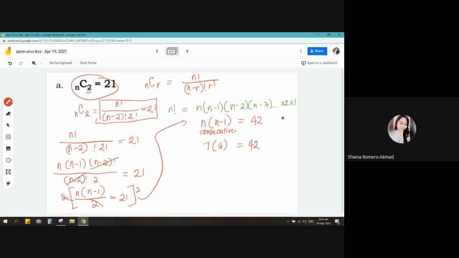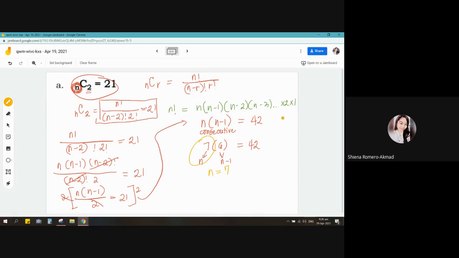Siyempre, yung magiging n natin dyan is 7 at yung magiging n minus 1 natin is yung 6. Now, ano na magiging n natin? Ang n lang naman ang hinahanap natin. So, we have here n is equal to 7.